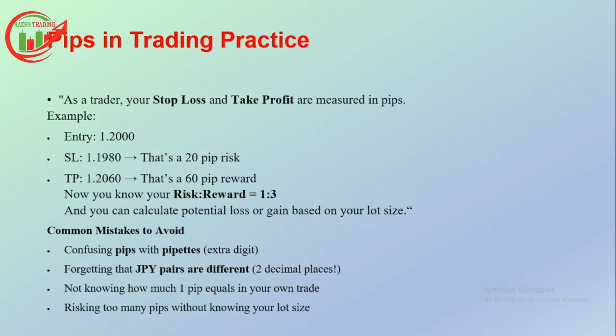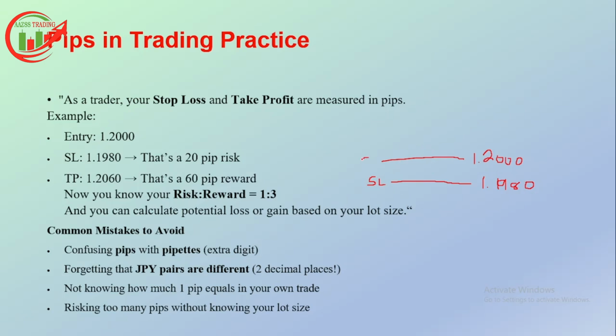Now, this instance is a buyer instance, right? Let me have a short drawing. Buyer instance. For example, this level you're seeing here is 1.2000. And your stop loss will be 1.1980, sorry about that, 80 is the stop loss, right?